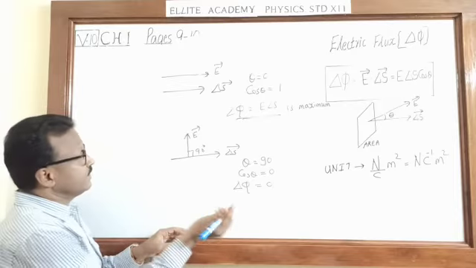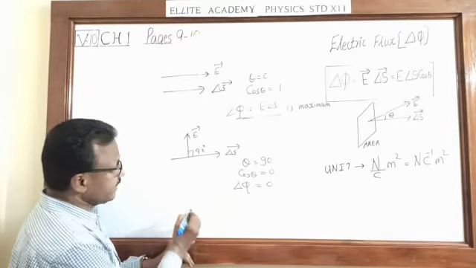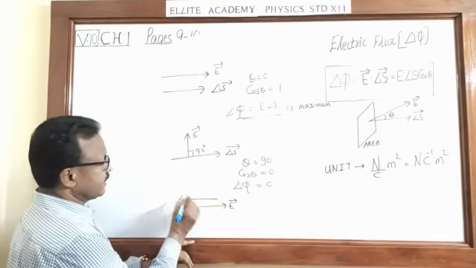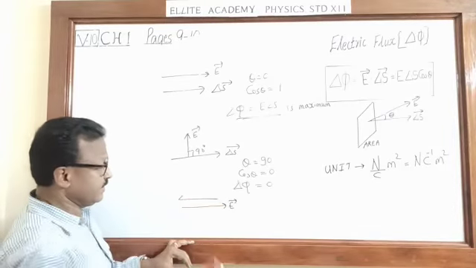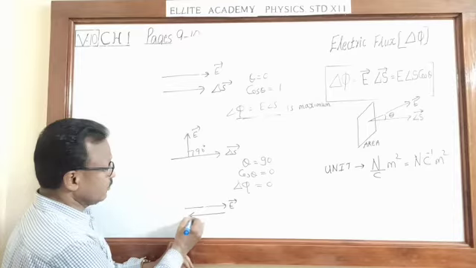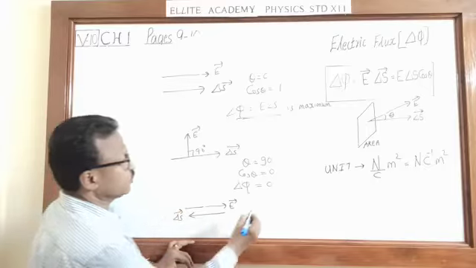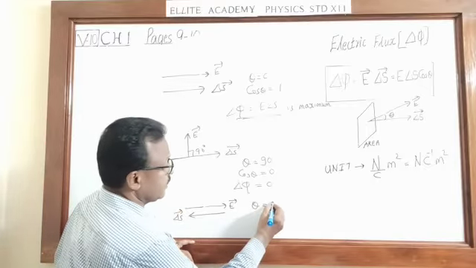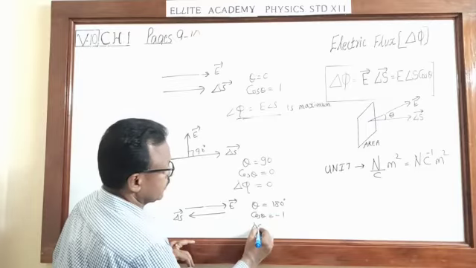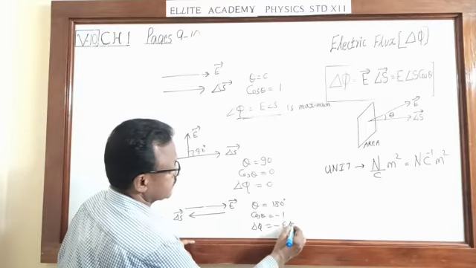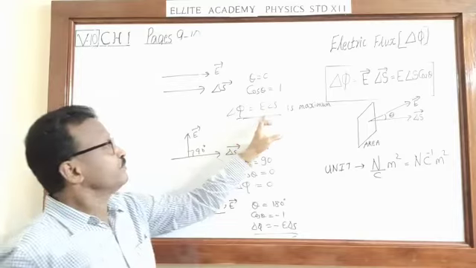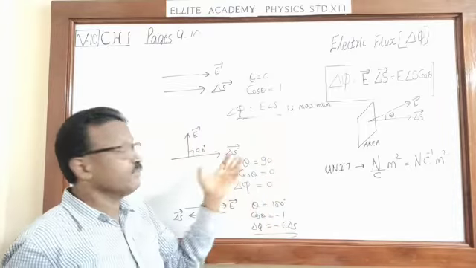So when the two are perpendicular, flux is going to be 0. Then when it is 180 degree, electric field is in this direction, and let's say the area vector is in the opposite direction. Anybody can make out theta will be 180, then cos theta will be minus 1, so flux will be minus E delta S. So flux can be positive, flux can be negative, and flux can be 0.